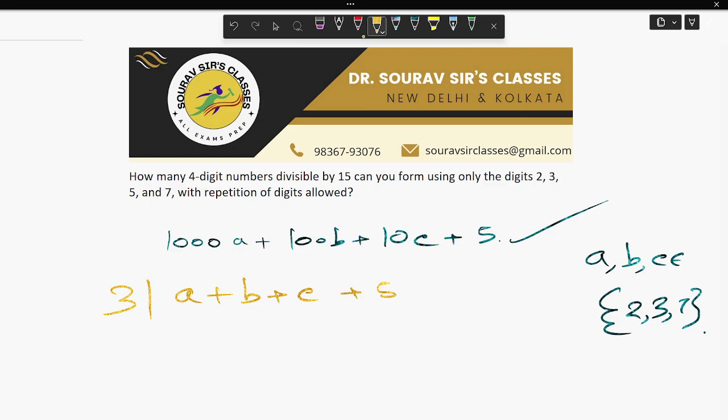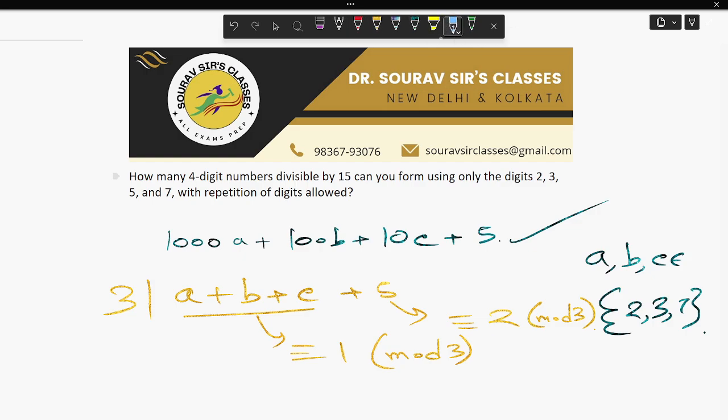As 5 is 2 mod 3, we have to check that A plus B plus C has to be 1 mod 3. Then it will be divisible by 3. So we have to check the cases where our entries are from 2, 3 and 7, and make A plus B plus C equal to 1 modulo 3. Repetition is allowed here.